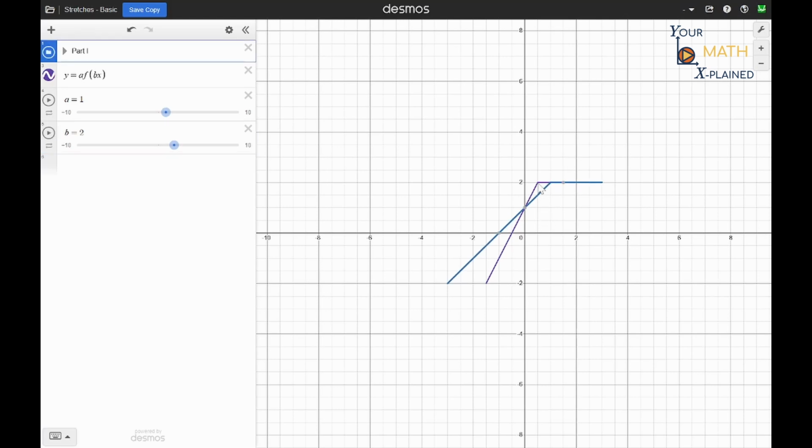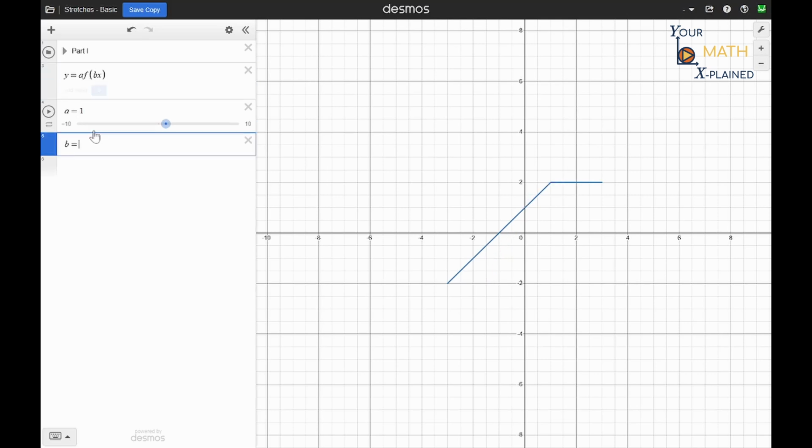You can't actually see where this point ends, but if I were to drag it for the x value, it ends at 1.5, whereas in the original blue graph, it ends at 3. And similarly, on the left-hand side, our furthest x value used to be -3, and now it is at -1.5. So b equal to 2 actually compressed our graph horizontally by a factor of 2.